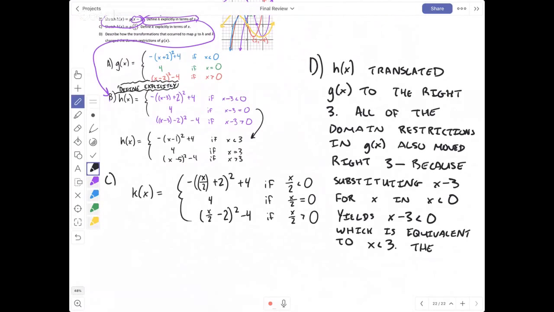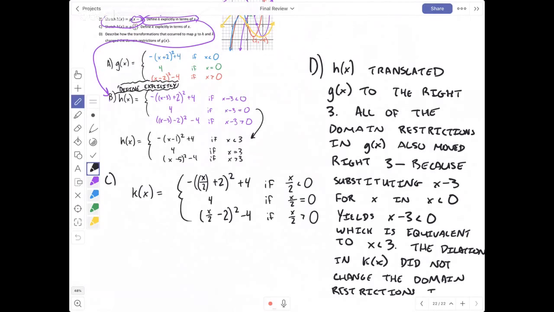The dilation in k of x did not change the domain restrictions in g of x.